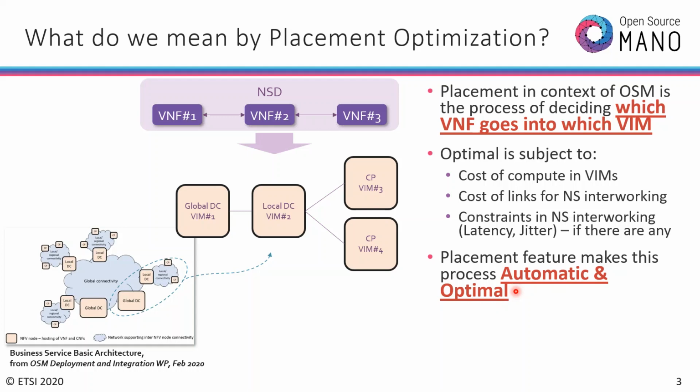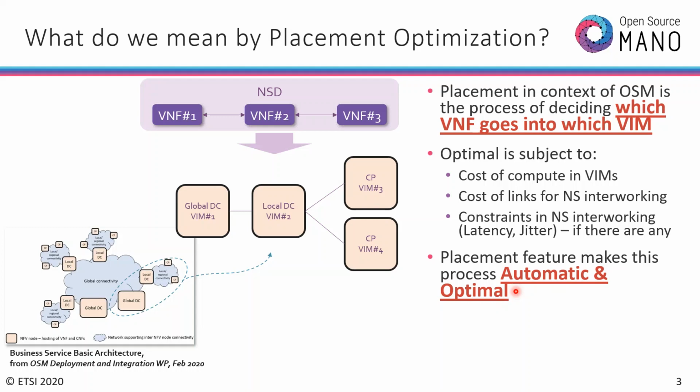So it shows that there are a lot of data centers, there's a lot of connectivity, so there are a lot of options as to where you can position or place your different VNFs and workloads and so forth.